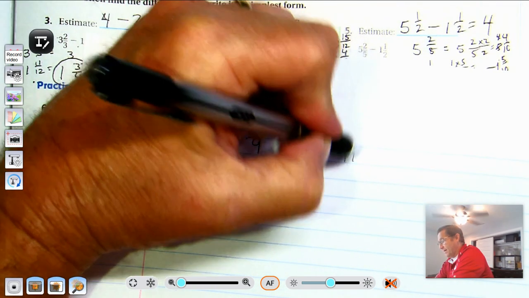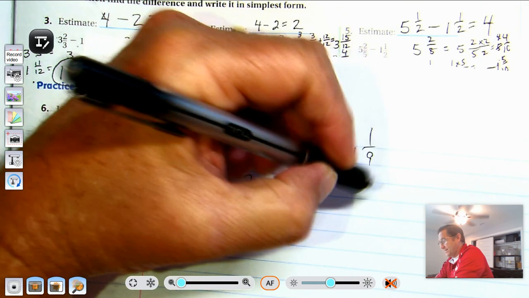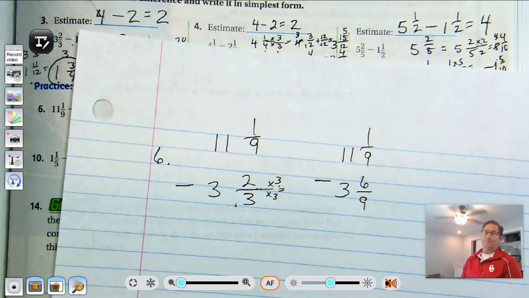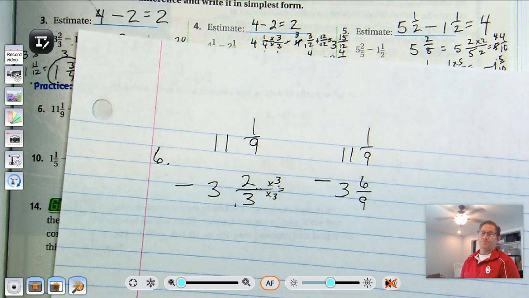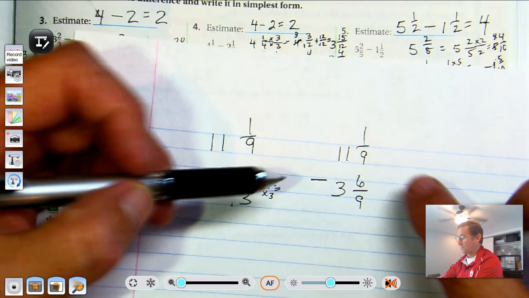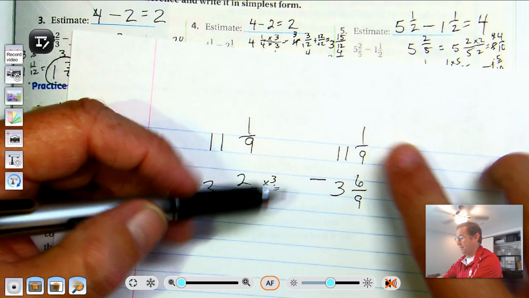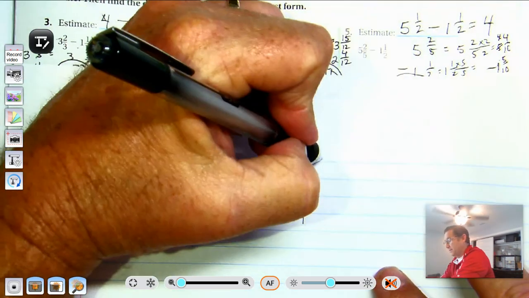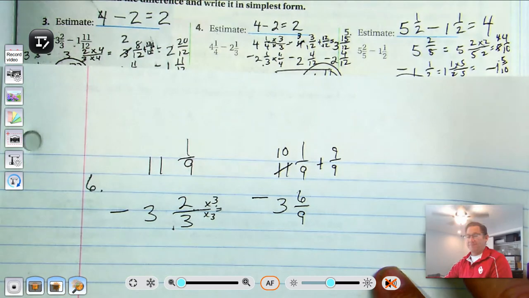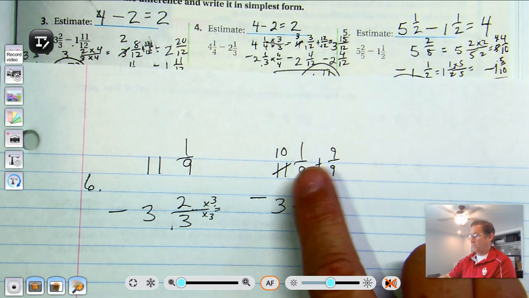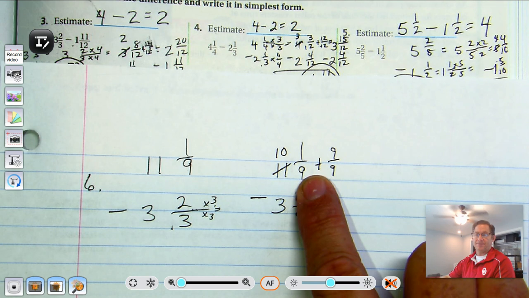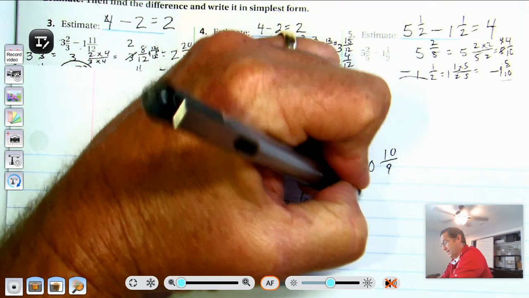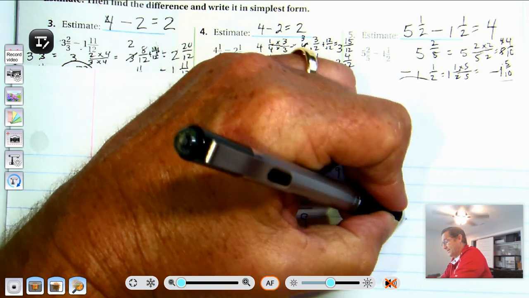So I'm going to rewrite 11 and 1/9 minus 3 and 6/9. All right, well, we can't take 6/9 from 1/9, but we can trade one of the whole numbers for 9/9. 9/9 plus 1/9 is 10/9. So 10 and 10/9 minus 3 and 6/9.